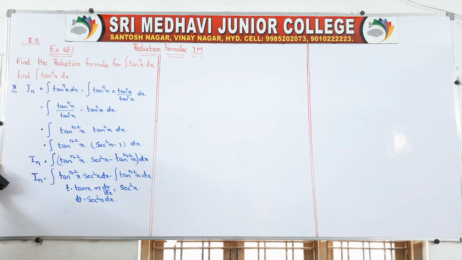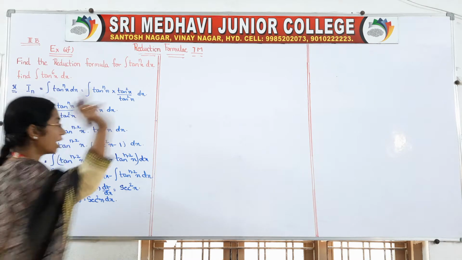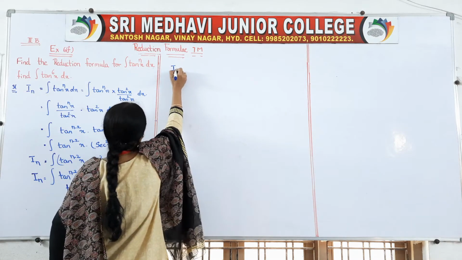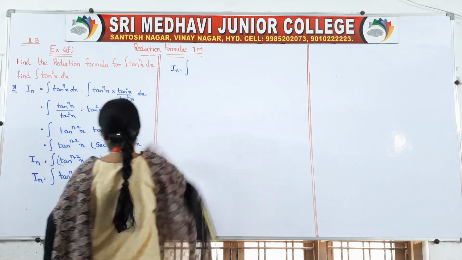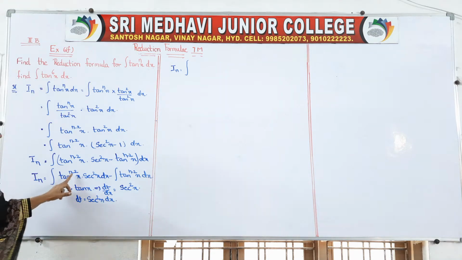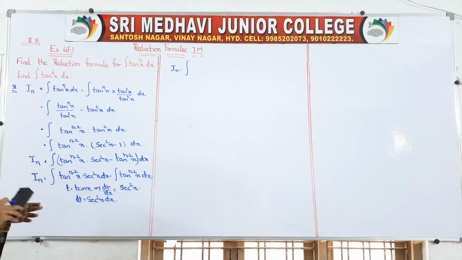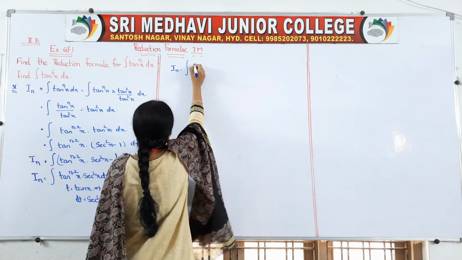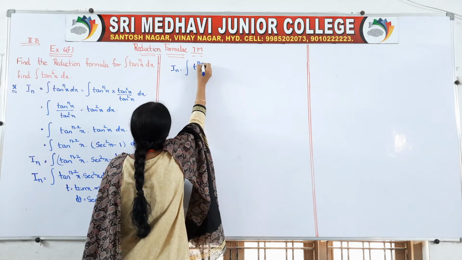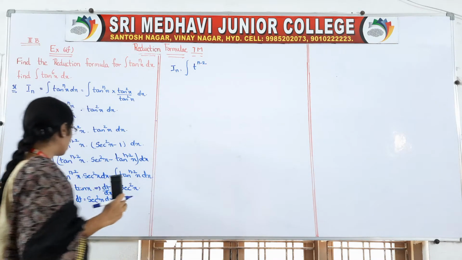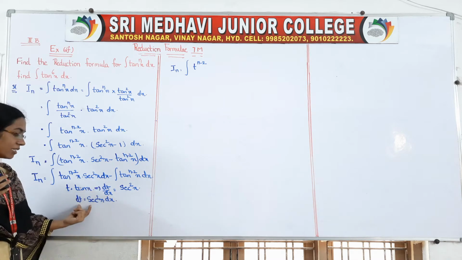Okay, so what will be your In now? So In is equal to integral of tan x to the power of n minus 2, that is t, right? So we have t to the power of n minus 2 into secant square x dx, which is dt.